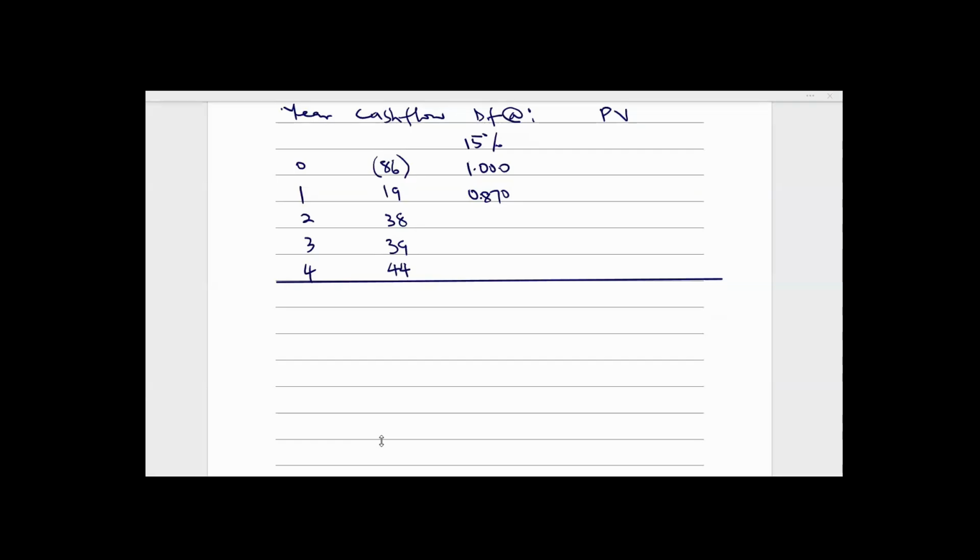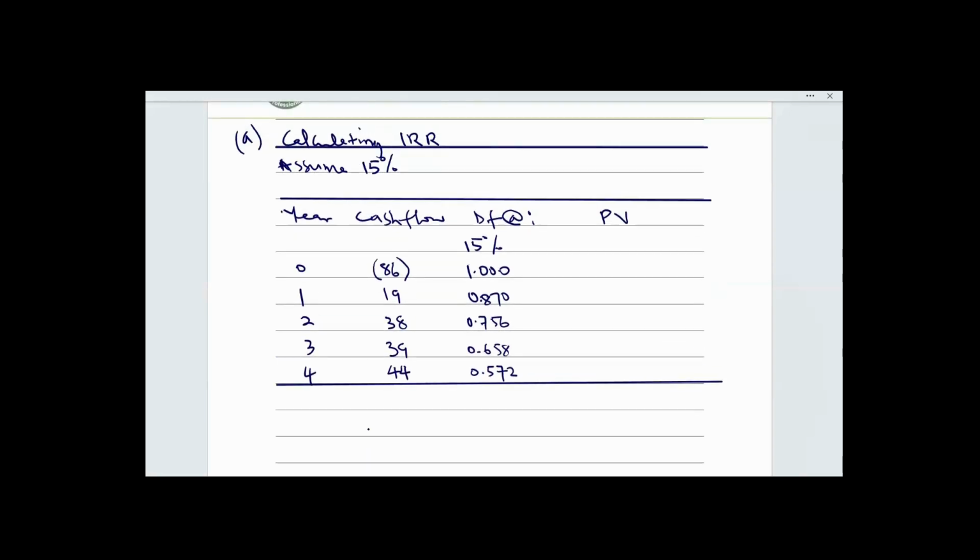Year 3, 0.658. Then year 4, 0.572. We then multiply to get the present value.